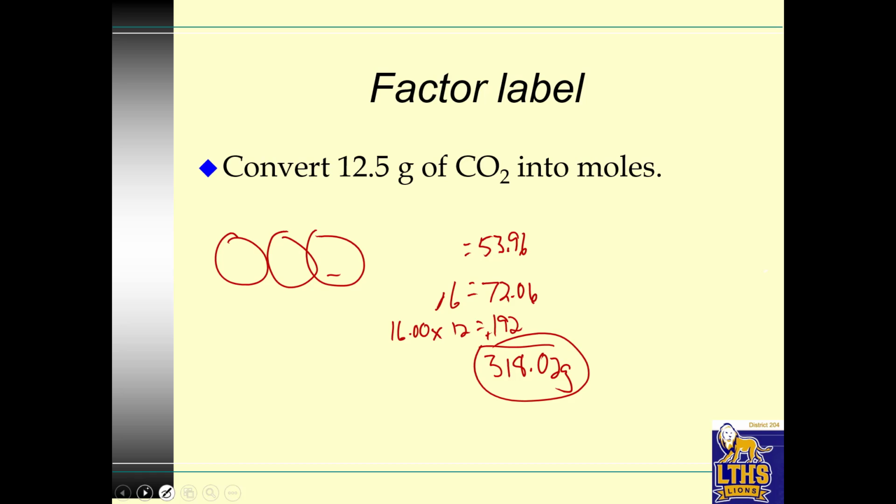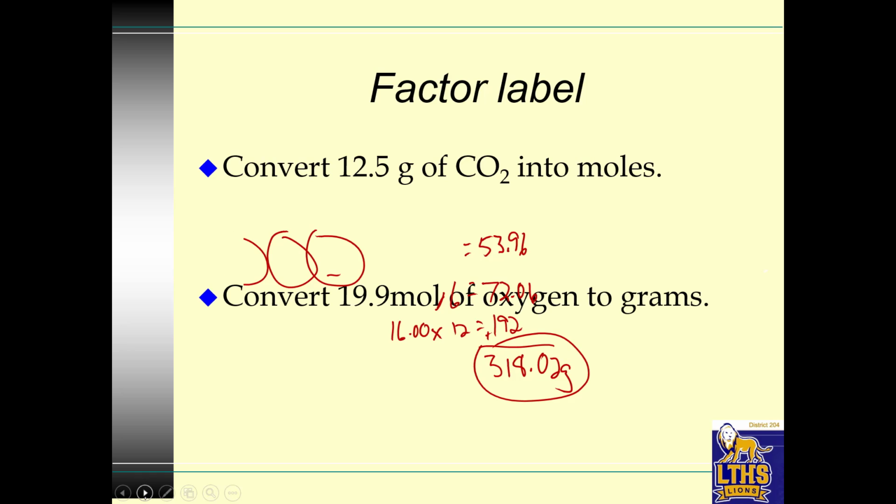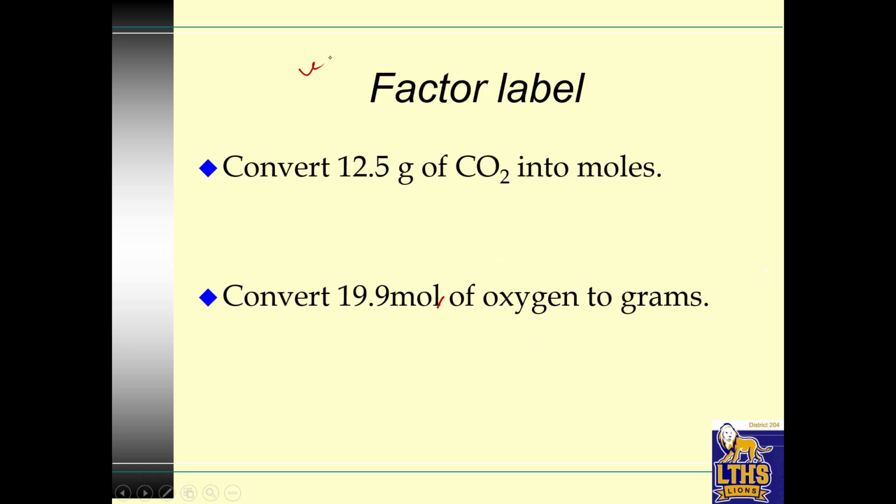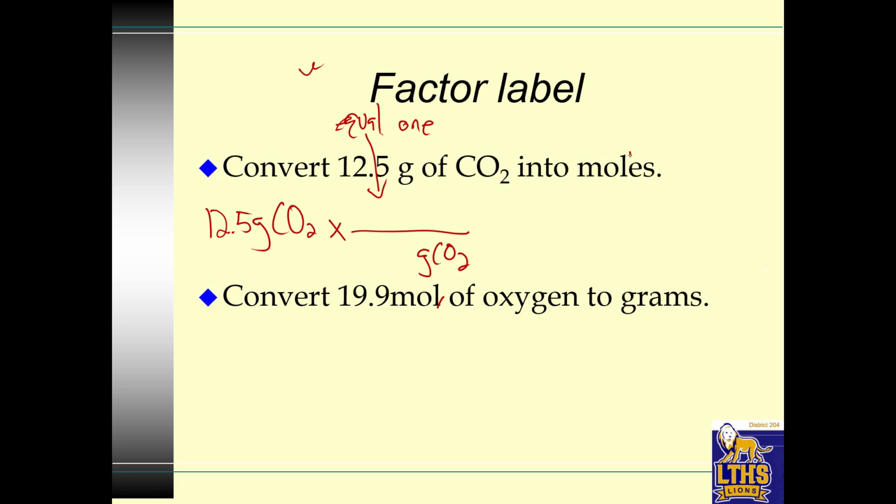Convert 12 grams of CO2 into moles. Okay. So here's what I'm going to do now. We did this way back when, 12.5 grams of CO2. And what I'm going to do is get rid of my units. Now when I do factor label, this is going to equal 1. If I have grams of CO2, I hate you grams of CO2, and I want to go into moles.